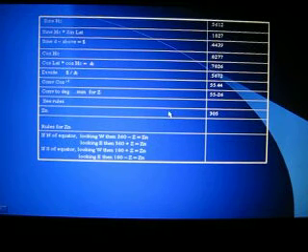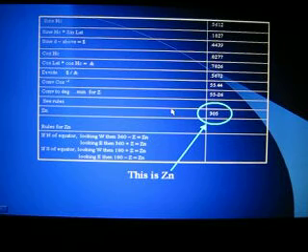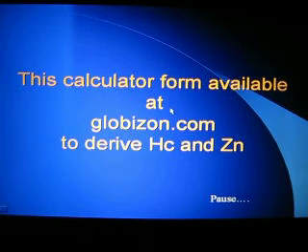So that's how it's done. Very easy. That is Zn then. All right, this calculator form for you to use is available for download at globazon.com. And with it, you can derive the computed height and the true azimuth without the sight reduction tables. That's the whole point of this presentation, to teach you how to do that.